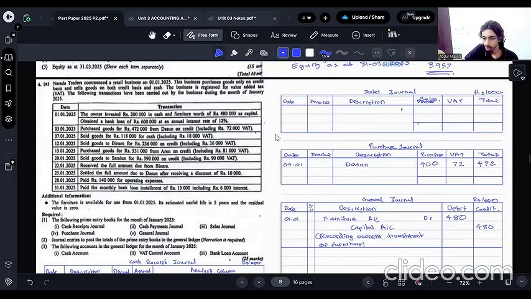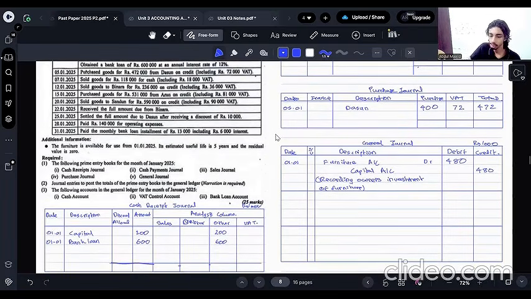Then sold goods for 118,000 for cash. That will go to the cash receipt journal. On 7th of January, sales 118, including VAT 18, then the sale value will be 100. Then sold goods to Binara for 236 on credit.